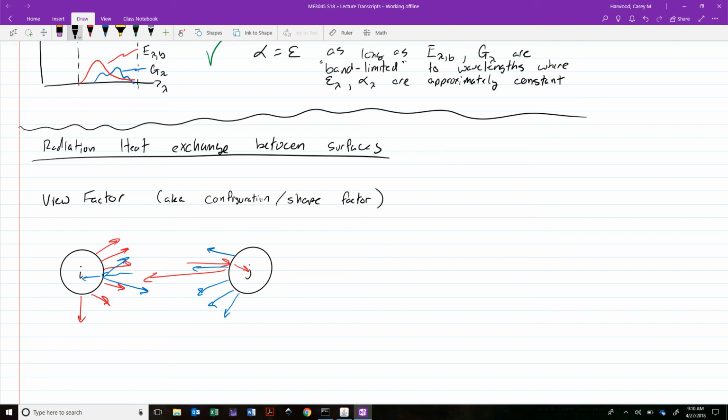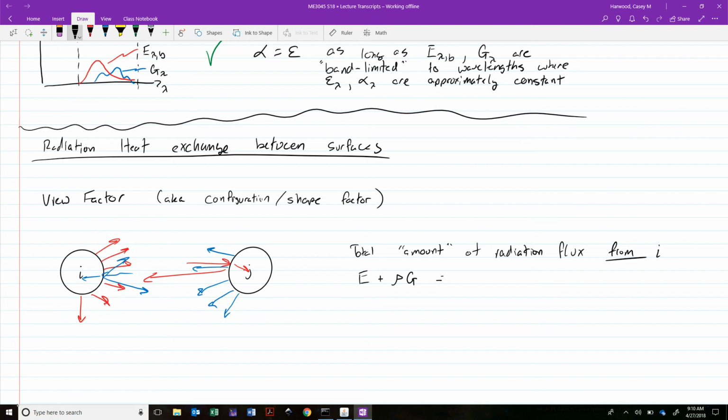So the total radiation that's coming out of I, going back to the very first discussion of radiation week before last, we could say that the total amount of radiation flux from I would be what's being actively emitted plus what's being reflected, like the stuff from J that's being reflected back out.